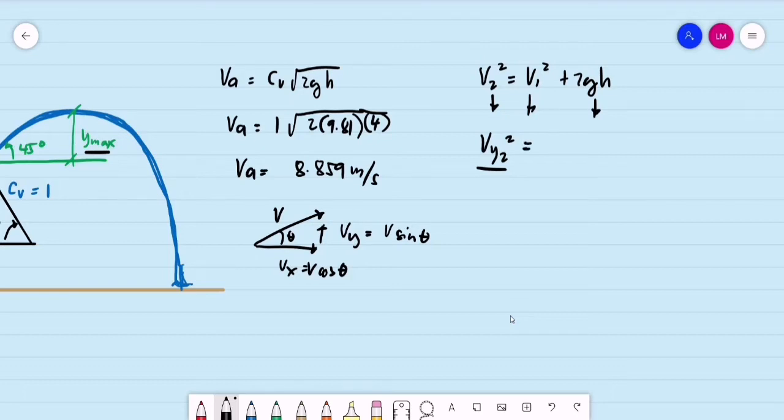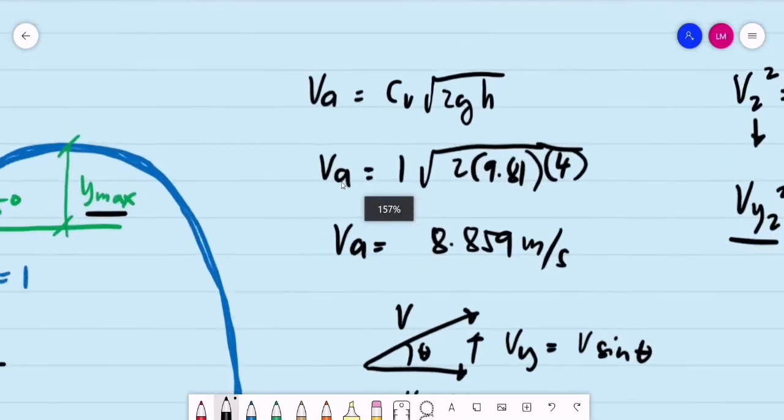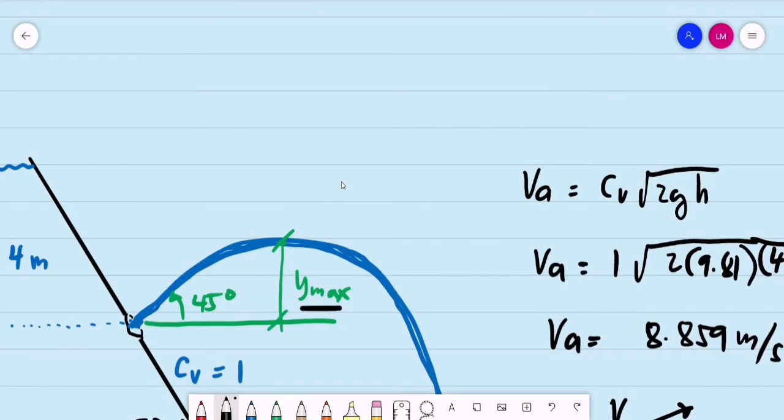So Vy2 squared equal to Vy1 squared plus 2 times g times y. Y na lang yung gamitin ko. Pagdating sa highest point ng isang projectile, at the highest point, take note that the vertical component of the velocity is now equal to 0.